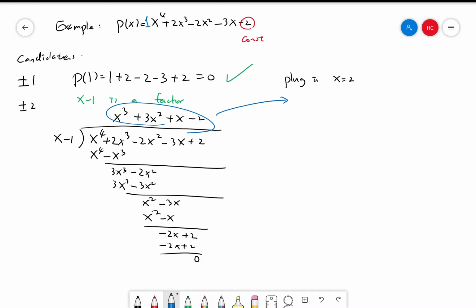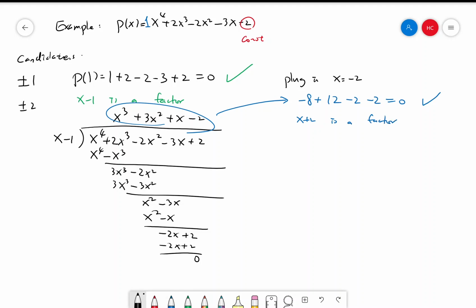Oops, I meant negative 2. So if we try x equal to negative 2, then what we get is negative 8 plus 12 minus 2 minus 2, which is equal to 0. This works. So that means x plus 2 is a factor.